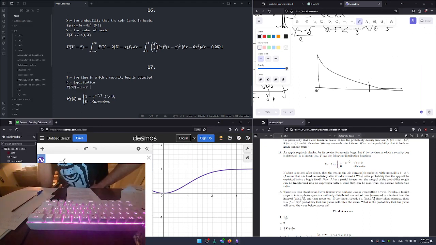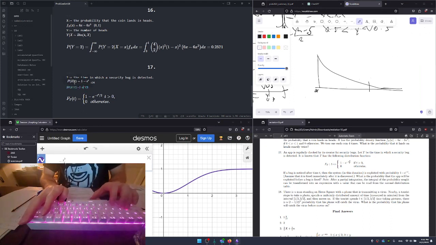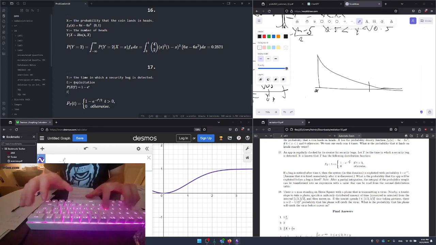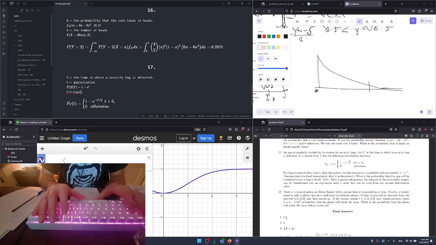Given that you have the time t, and then we can call it big T. That is just an exponential with parameter lambda.